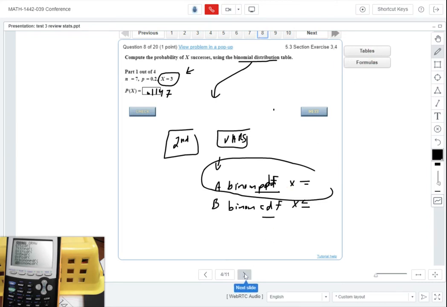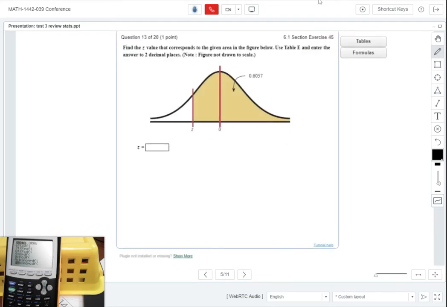Let's go to the next problem. Find the z value that corresponds to the given area shown. So they give us the area, and we have to find this z value. There is a function on our calculator, second vars, once again.